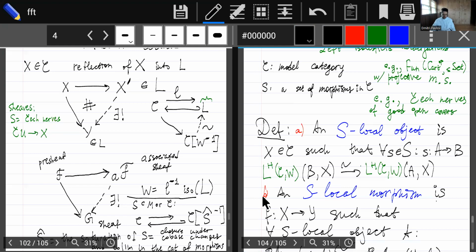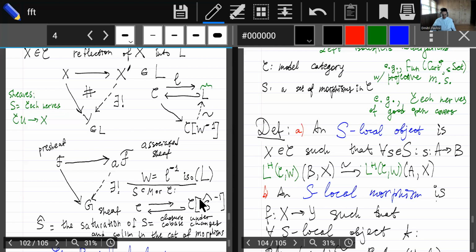And what this corresponds to on the left side is that in the case of this localization at a set of morphisms, the adjoint functor will be a fully faithful functor, and its image consists of objects in C with a property: X belongs to L if for any morphism S from A to B, the induced morphism of sets from maps B to X to maps A to X is a bijection.